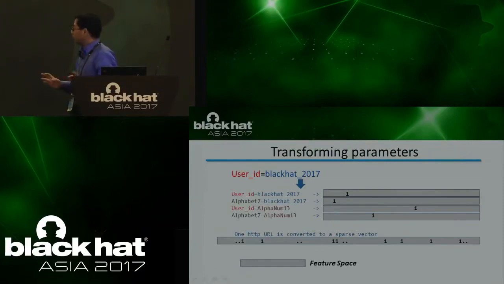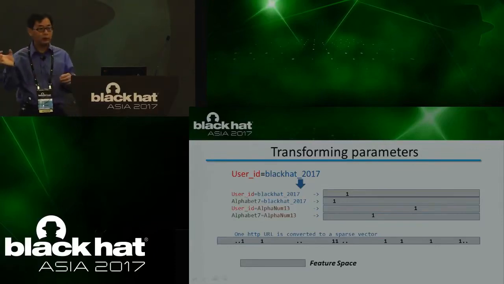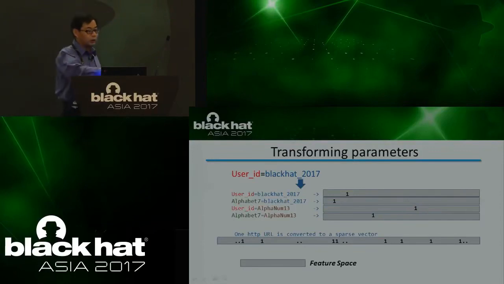Okay, now we are going to show you how we do this. We call it mapping of a parameter to a feature set. Here we show one parameter mapped to 4 features. Say a user ID: if you send a request to your CNC server, saying you're from Black Hat 2017, the user ID equals Black Hat 2017.